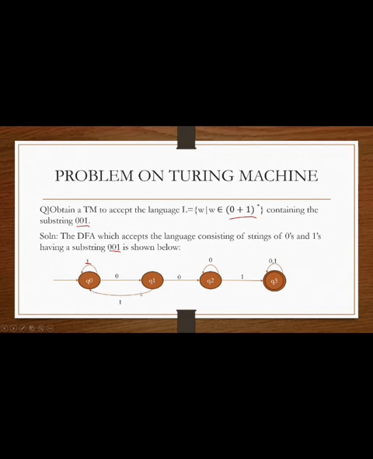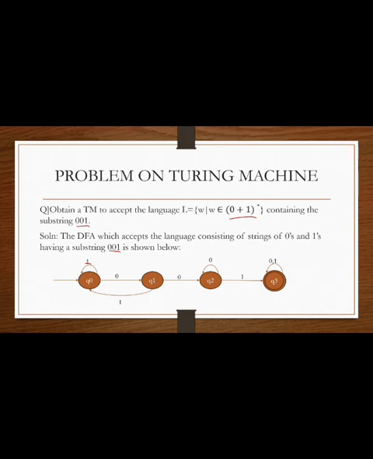Next, the transition from Q2. On input symbol 0, it stays in Q2, or it is self-looped, because if we see another 0, for example 00, the last two characters are still 00.